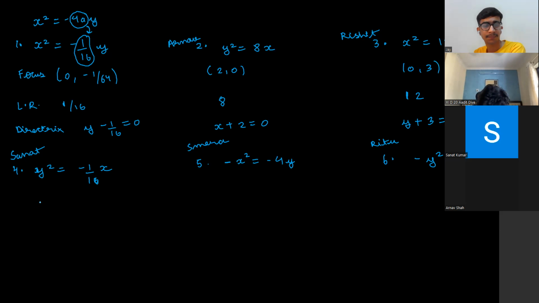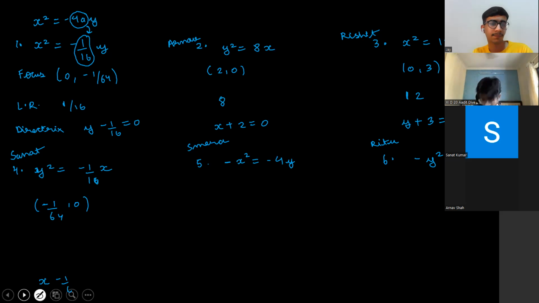Yes, Sanat. Yeah, so the focus is minus 1 by 64 comma 0. Directrix is x minus 1 by 64 is equal to 0. Okay, so 1 by 64, no?